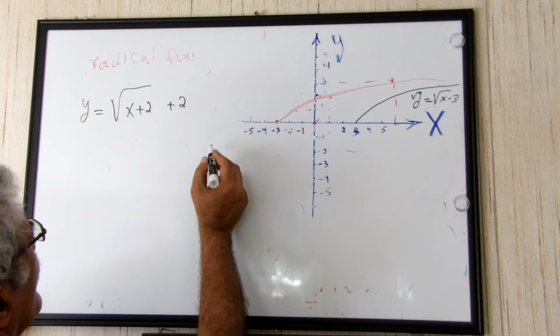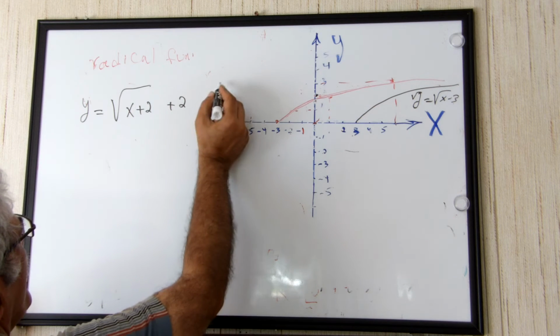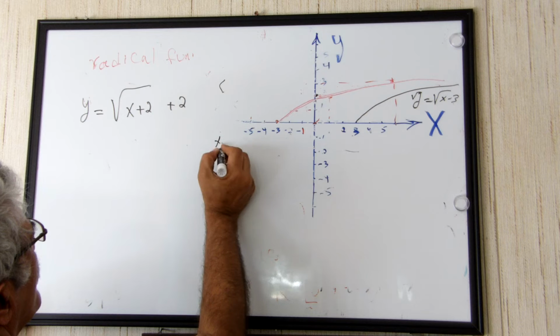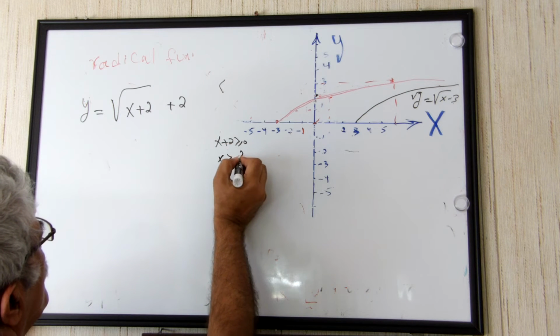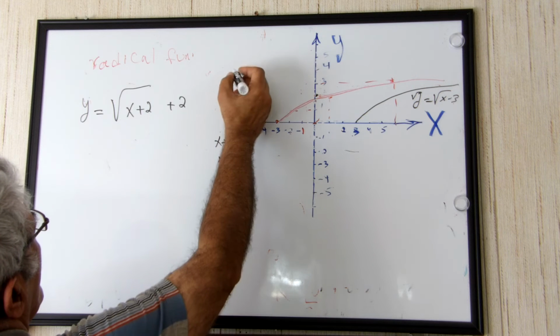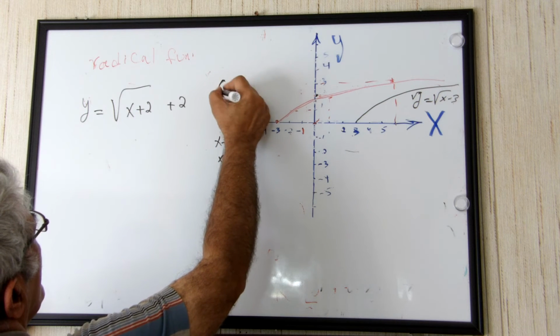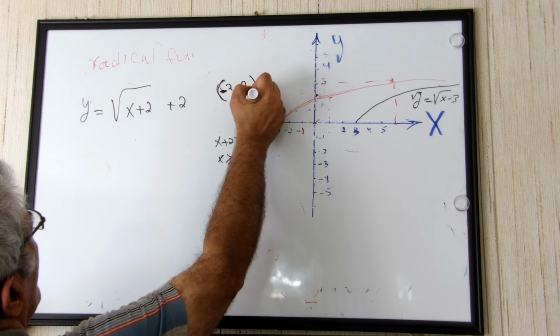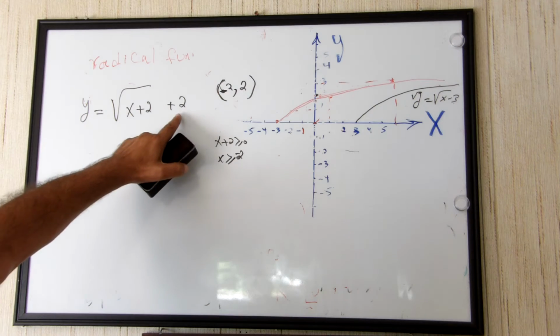When you see something like that, x plus 2 is 0, and minus 2 and 2 is going to be the point that this is going to start, because we have a 2 outside.